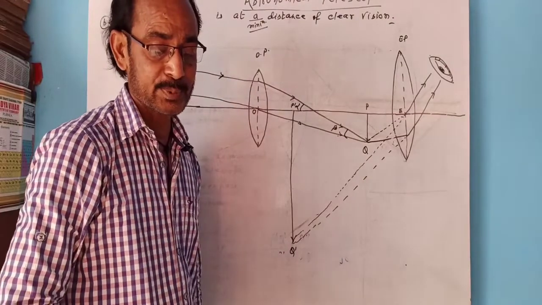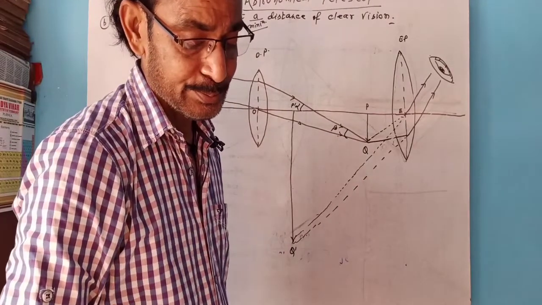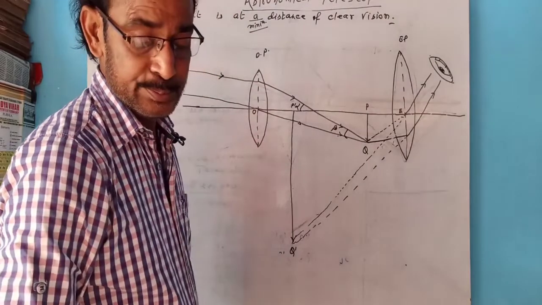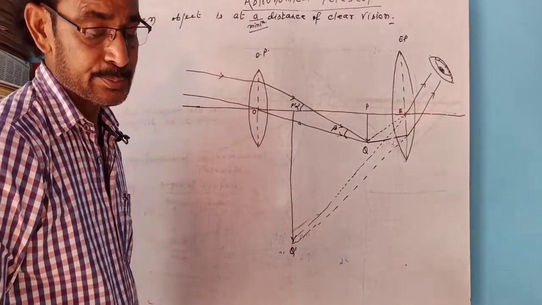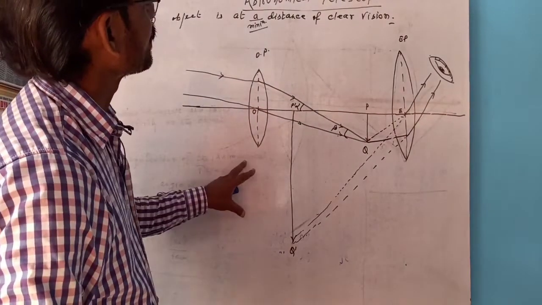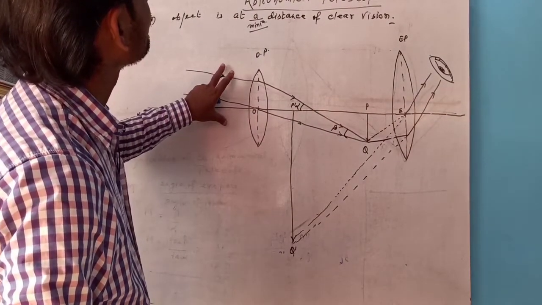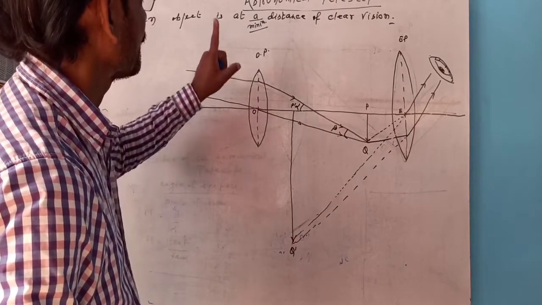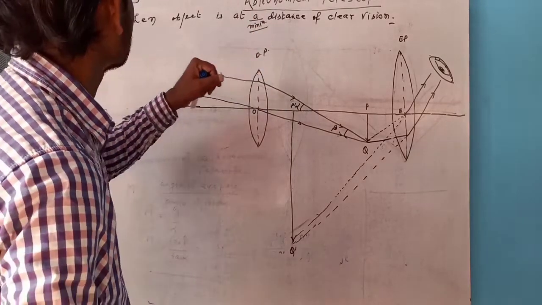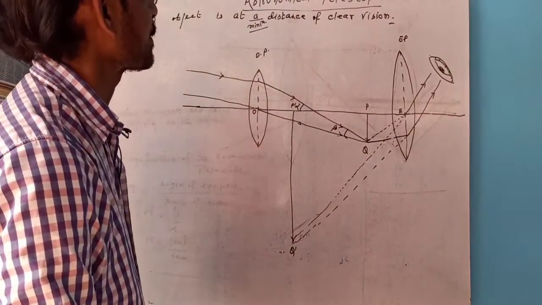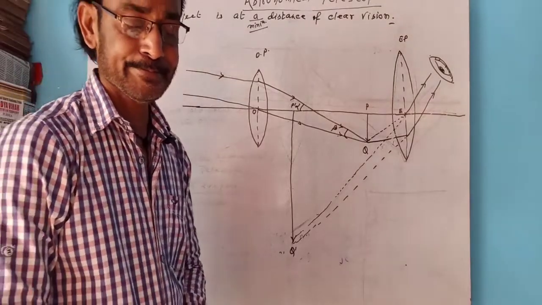Now we come to study the magnification of the astronomical telescope when the image is at the minimum distance of clear vision.